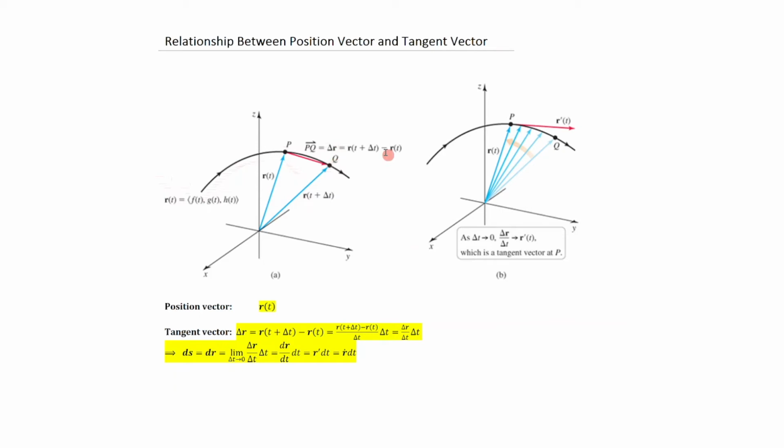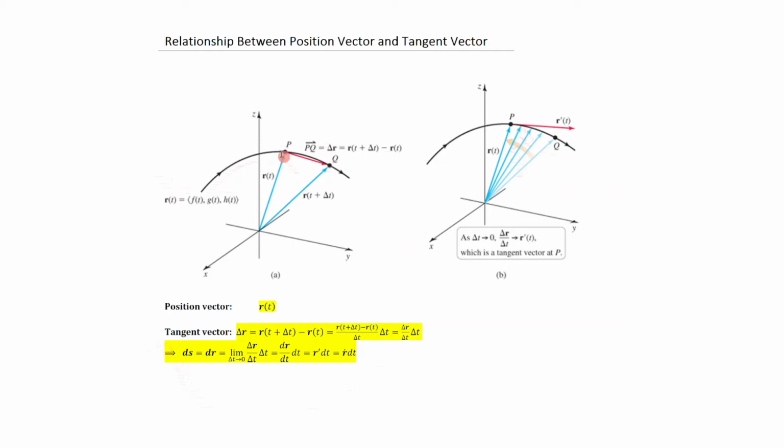Now you can look at this on an expanded scale where you trace out the curve with smaller increments. So there's a blue and another position vector, and in the limit this gets increasingly closer and closer to the first one. And so we expect that this will start to look something like a derivative, and this is essentially what's outlined here.